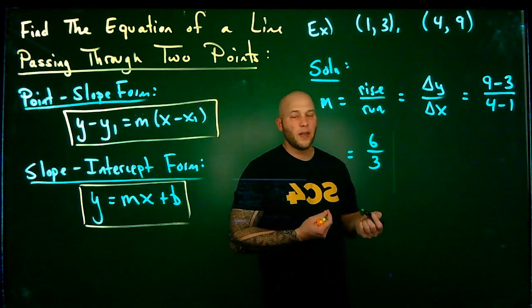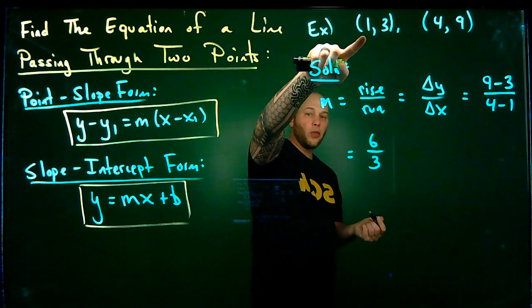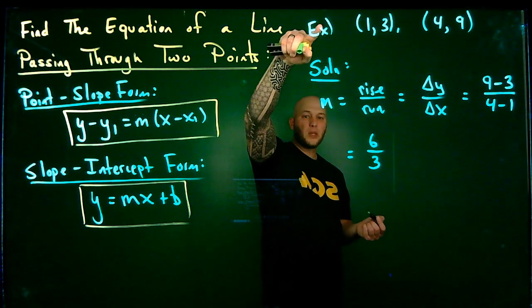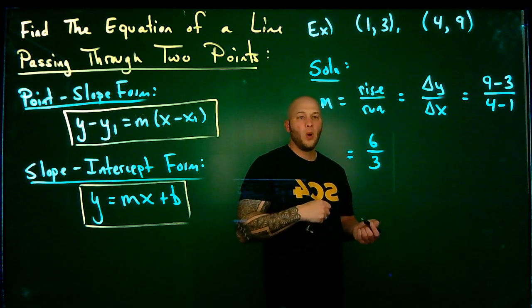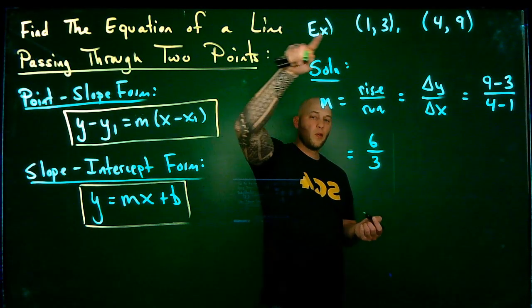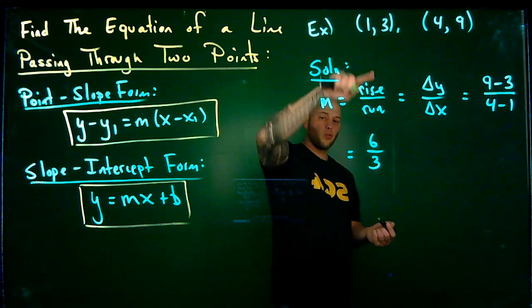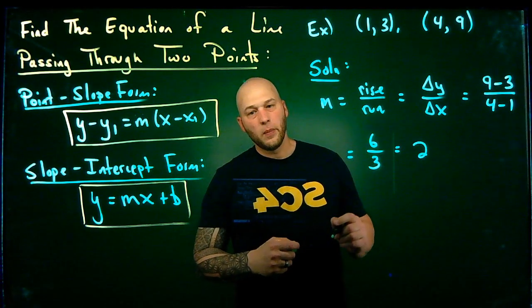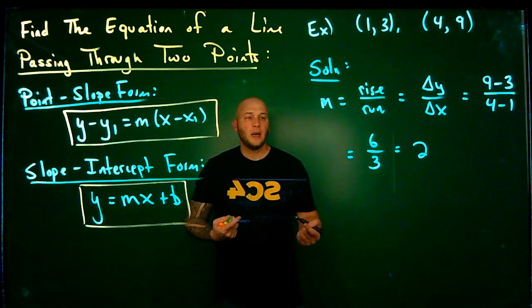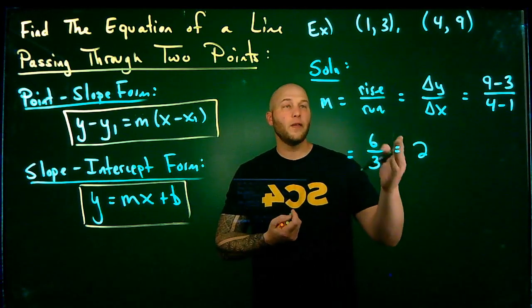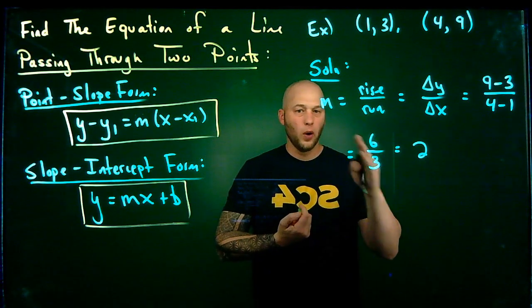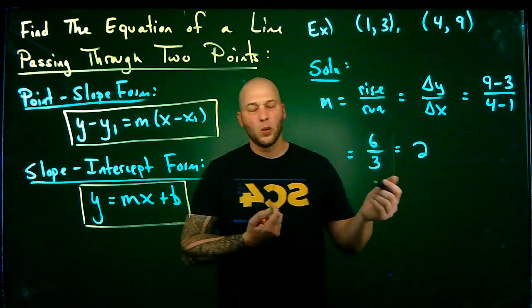Before I simplify that, what that means is from the point 1, 3, we went horizontally 3 units, and then we went up 6 units to get to the next point. Or I went up 6 units and then over 3, so rise over the run. And then, of course, this would reduce to be 2, meaning between any pair of points, if my input increases by 1, then my output increases by 2. So over 1 up 2, over 1 up 2, so on and so forth.